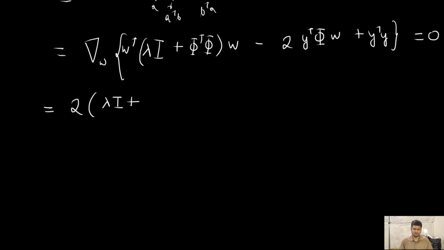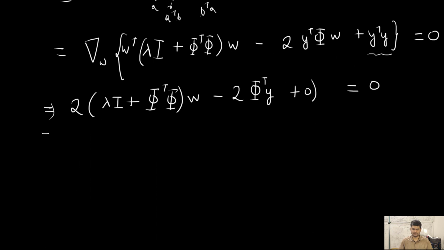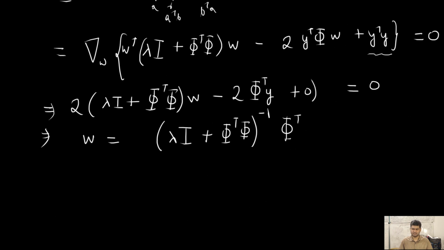We computed the gradient, and the gradient of this with respect to w is 0, which means that w is equal to (lambda times I, where I is an identity matrix, plus phi transpose phi) inverse, times phi transpose times y.